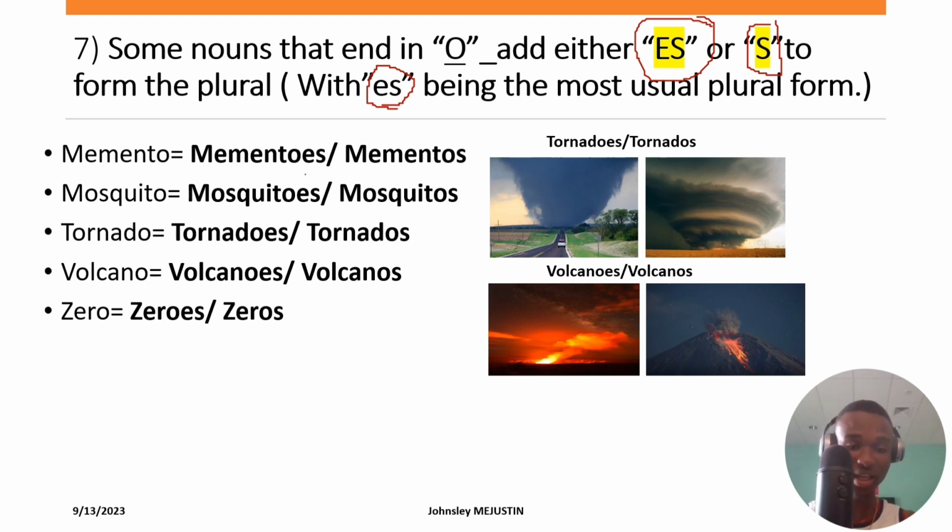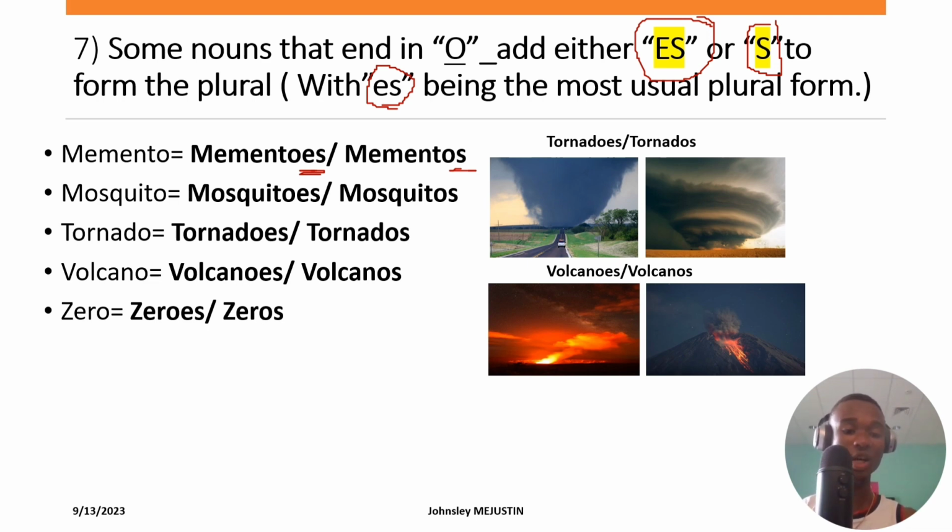Either es or just an s. What is a memento? A memento is a souvenir, a keepsake, something you keep in order to remember a place you've been to. This is a memento.